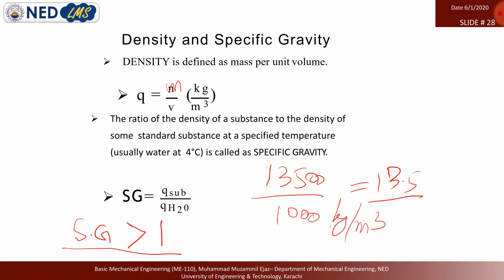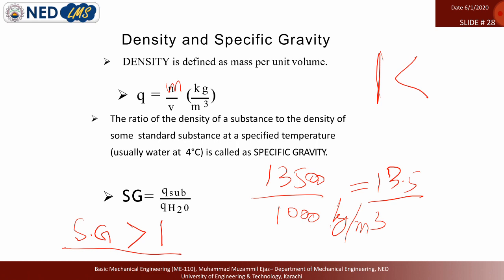For example, anything which has a density lesser than 1000, like petrol or diesel, has a specific gravity less than 1. The density of petrol and diesel is lower, so the SG is less than 1. It means that it floats on the water.